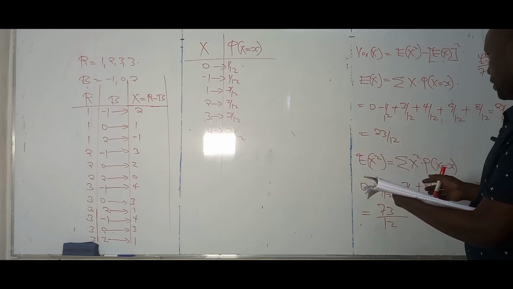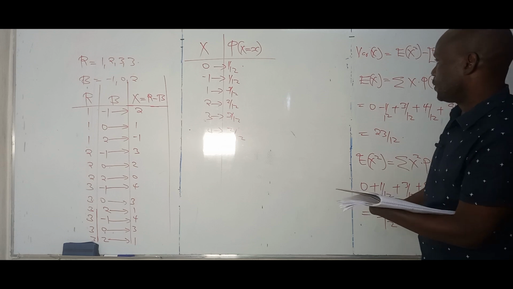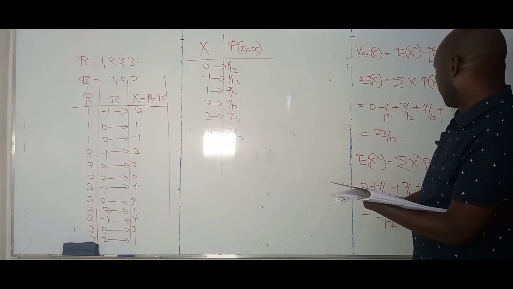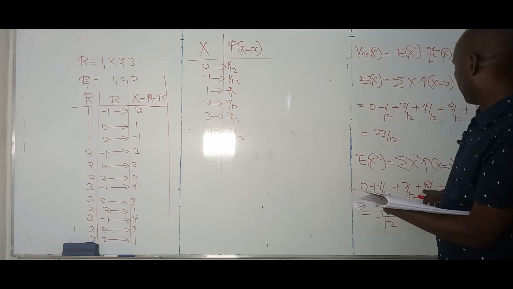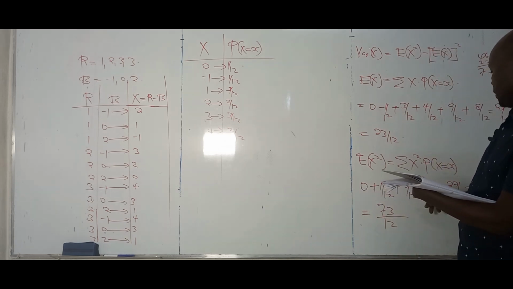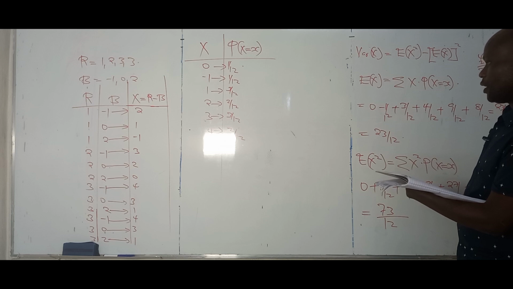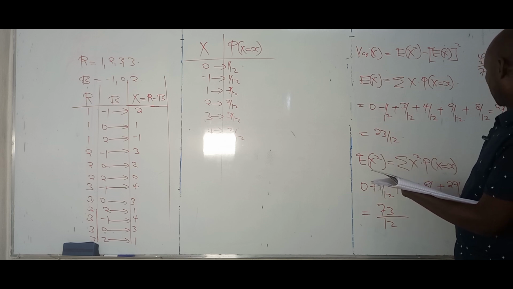Let me just see once again. 0, 3, 0. This is 1 over 12. This is 3 over 12. That is 4 times 2, 8 over 12. And that becomes 9 times 3 is 27 over 12. Then 16 times 2 is 32 over 12.